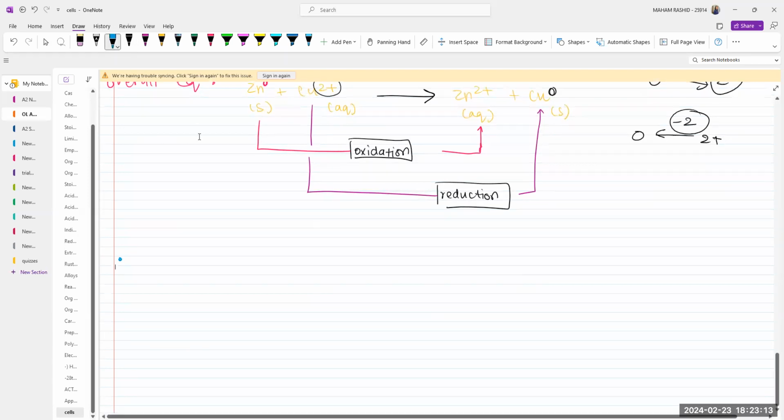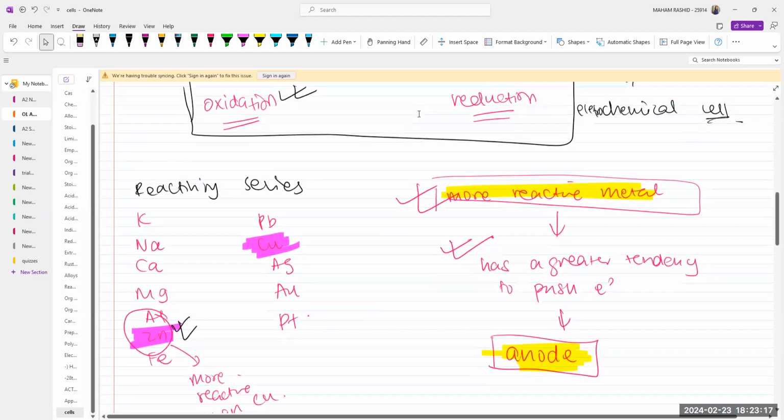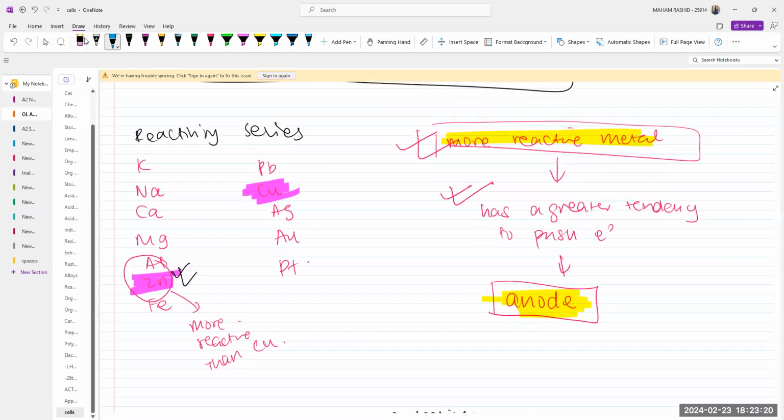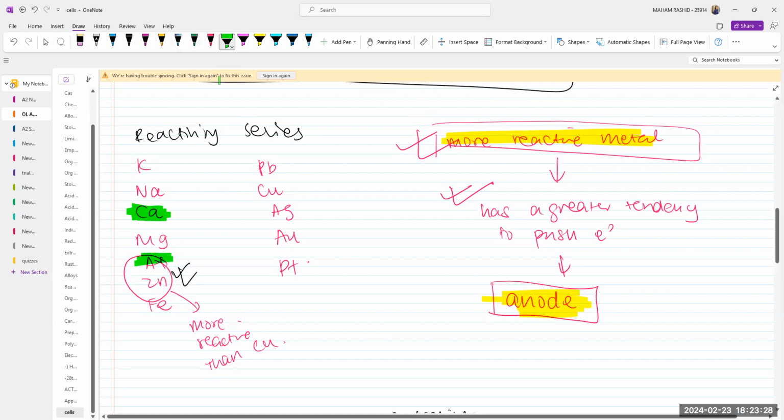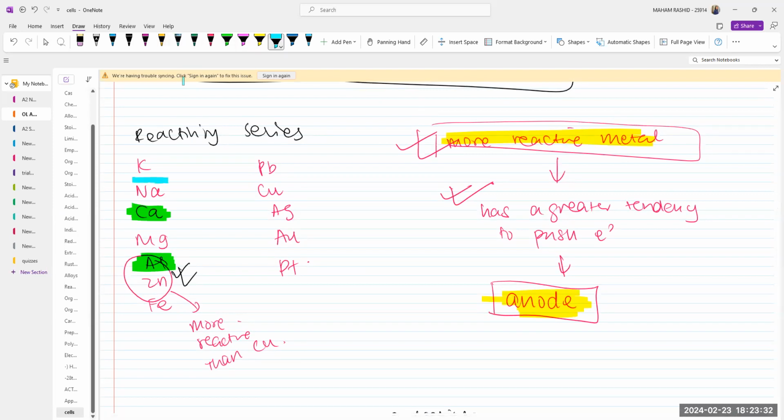Also, for example, this is my reactivity series, right? If I have two other metals, for example calcium and aluminium, compared to when I have sodium and silver.